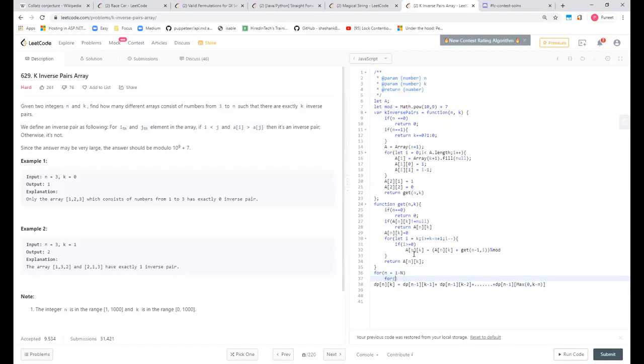Inside that can be another for loop. But I think this would be the relation, right?